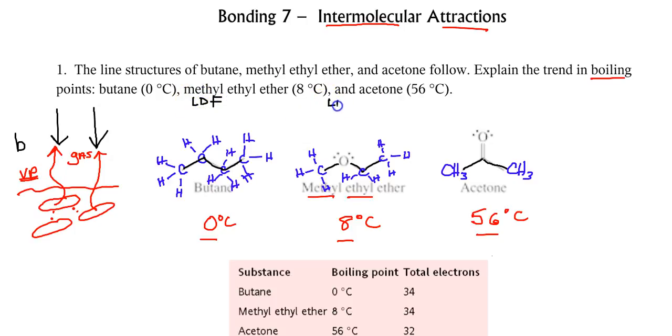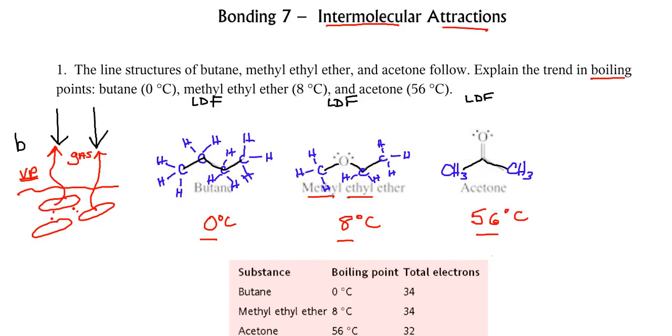I'm going to write LDFs for all of these. London dispersion forces are those forces where clouds of electrons move very slightly, which is called polarizing, in the presence of other molecules' electrons or positives. These all have LDF forces because essentially they all have clouds of electrons.